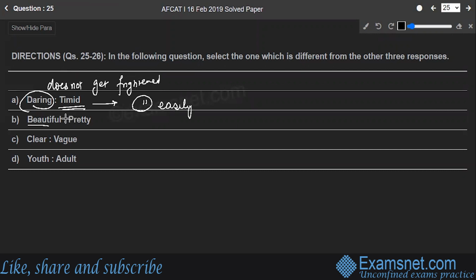Beautiful and pretty, they are the same things, and they are the synonyms. Clear and vague: clear is when something is clear to you, vague is when something is not clear. So again, we have the antonyms.